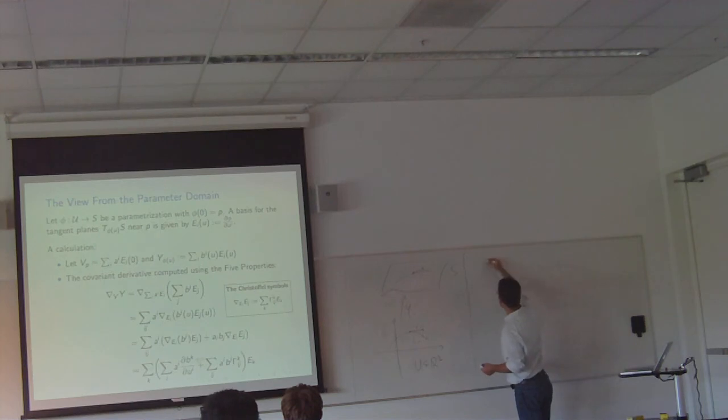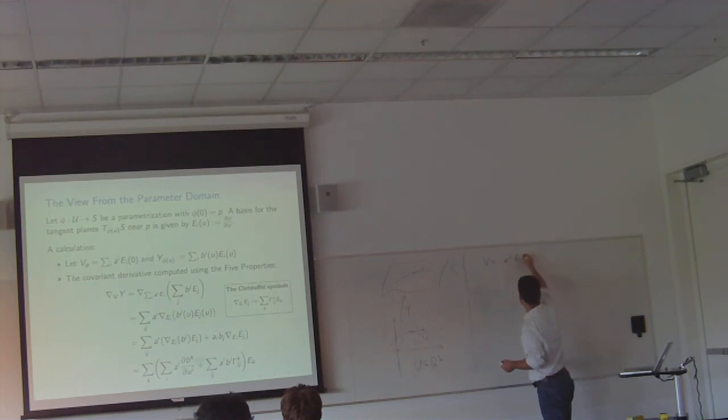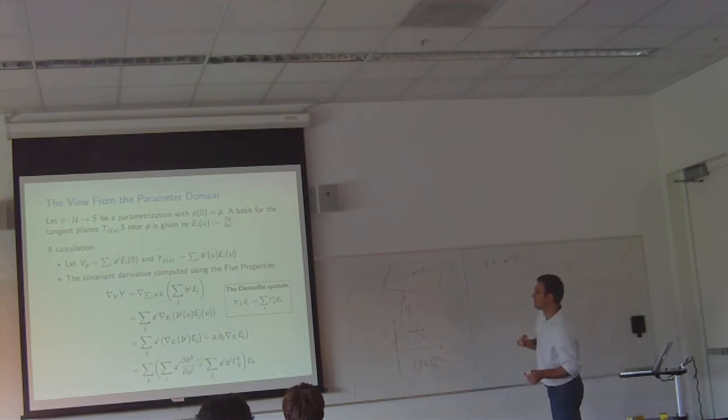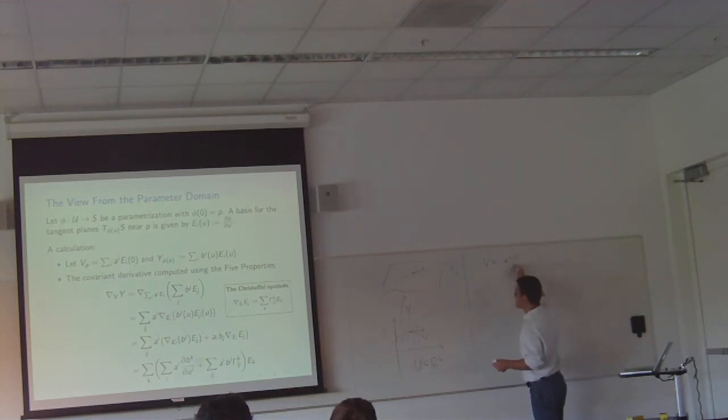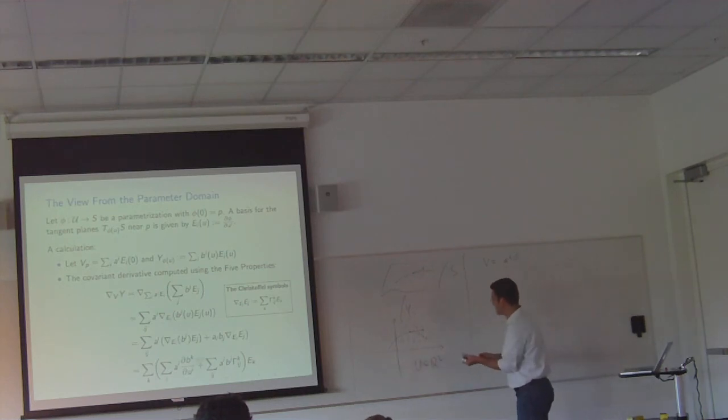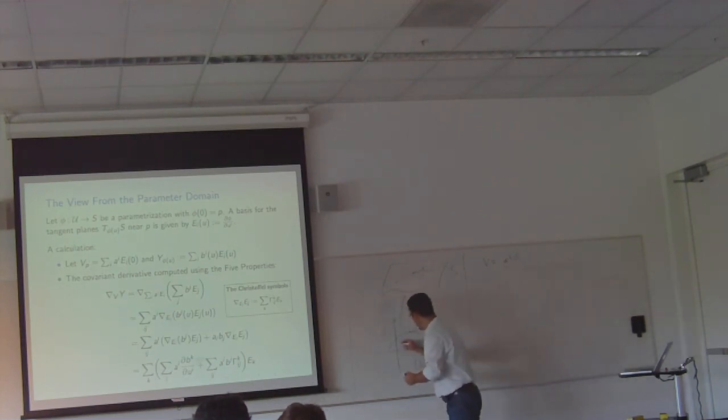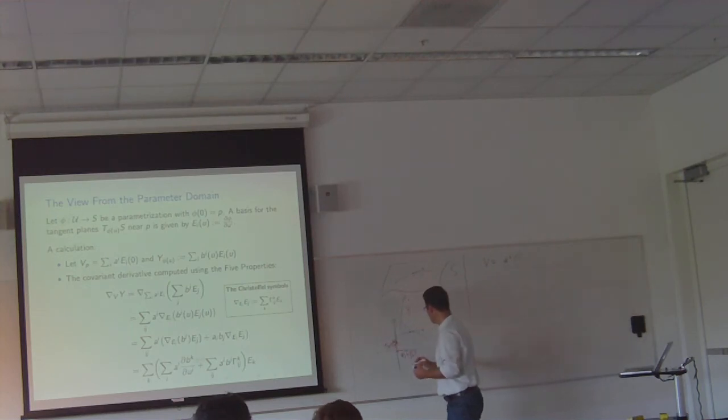First thing is you express V in terms of a basis. Let's call this E1, which is the vector (1, 0), and this E2, which is (0, 1).